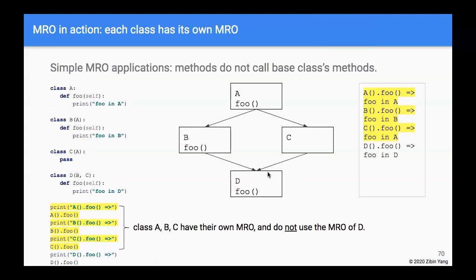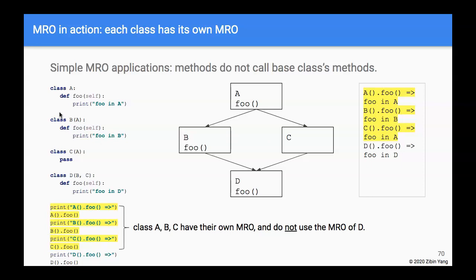Now, before I show the MRO of class D in action, I would like to point out one perhaps obvious fact: we just derived the MRO for class D, but the other classes in this hierarchy, A, B, and C, all have their own MRO, and their MRO are obviously not the same as that of D.